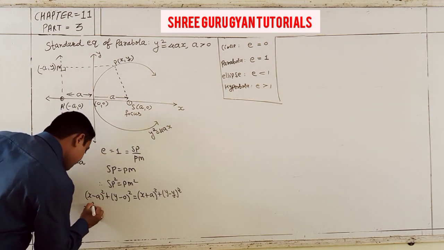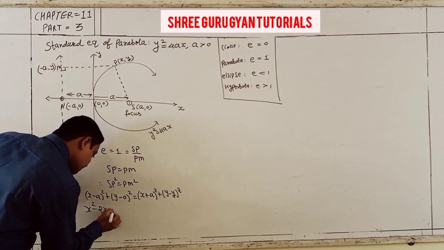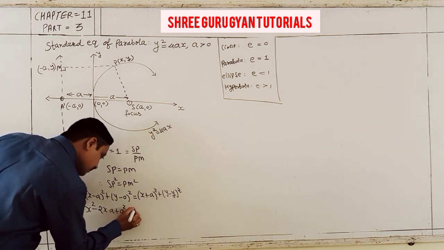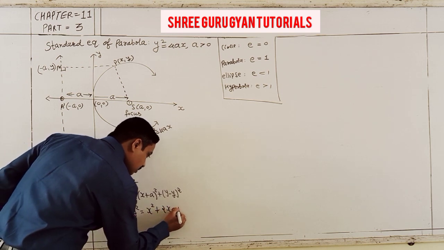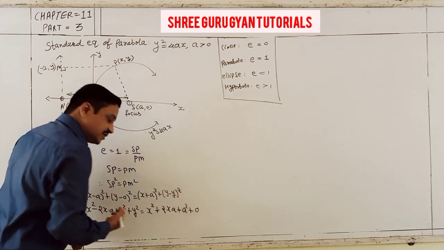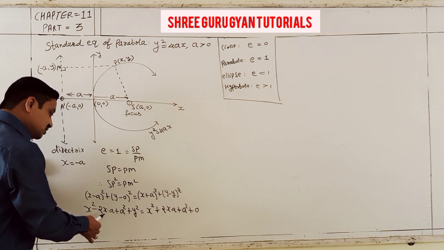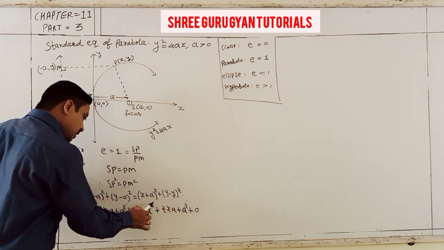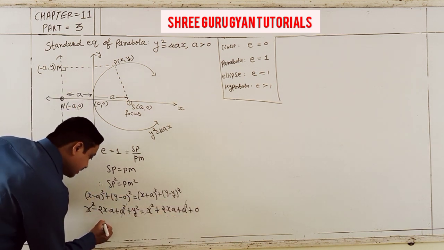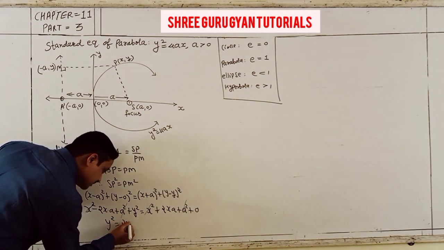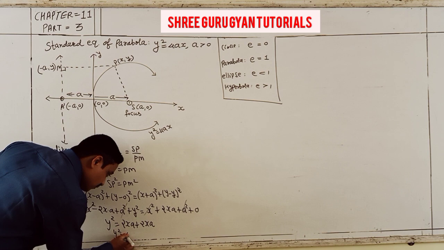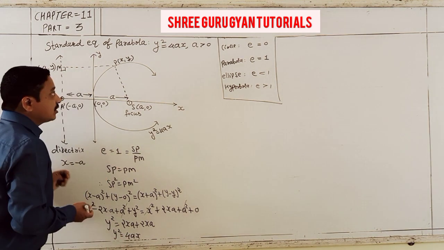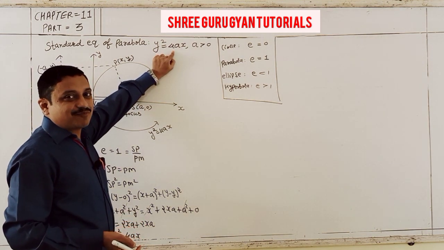Here x square, 2xa, a square. The same here, x square, 2xa, a square, and that is 0. You check that a square is gone, x square is gone, only y square is equal to twice xa plus twice xa. It will become 4ax, and that is your standard equation of the parabola.